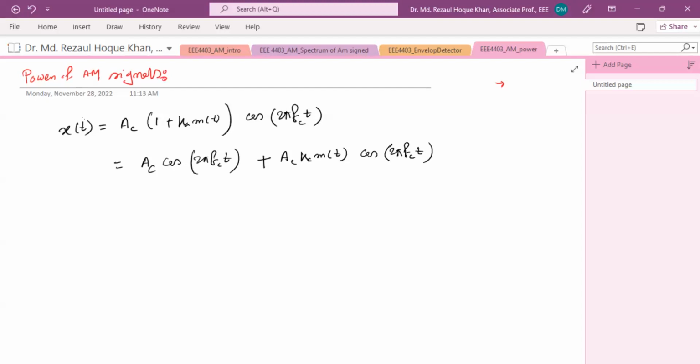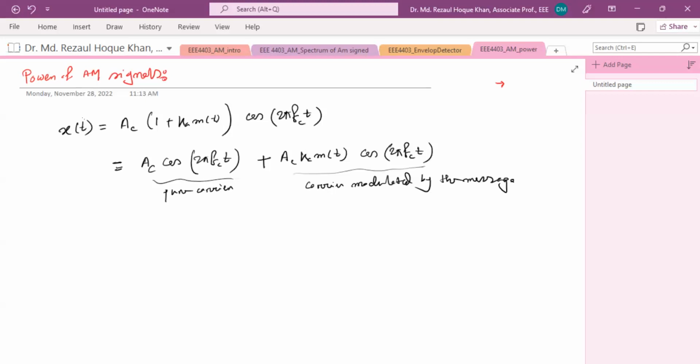So the modulated signal has two parts. One is the pure carrier, and the other part is the carrier modulated by the message.